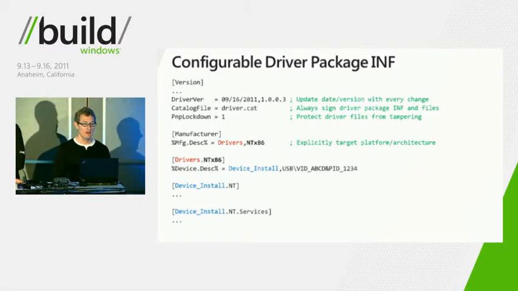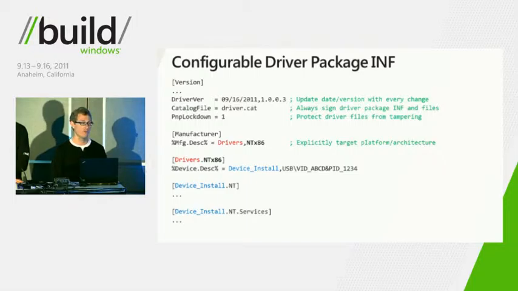And then always, of course, ensure that you sign your INF file and your driver package. That's going to be done automatically through the WinQual service when you submit for certification. But it is important to ensure that you have a signed driver. And PNP lockdown equal to 1.